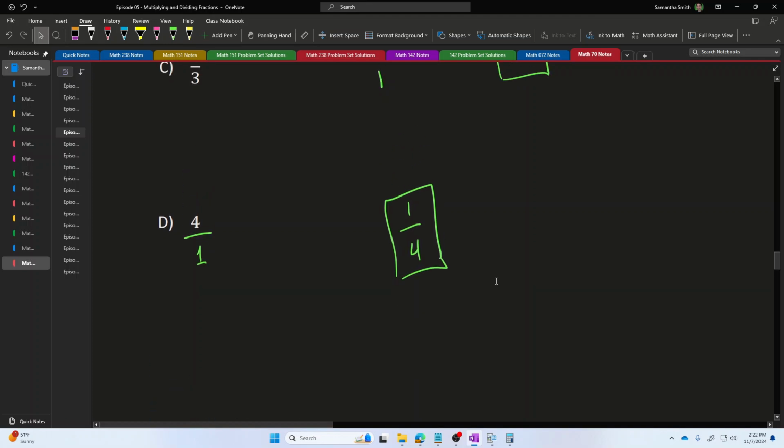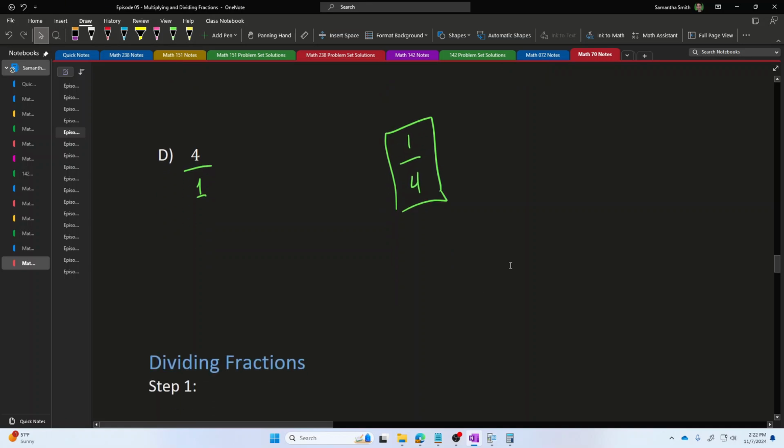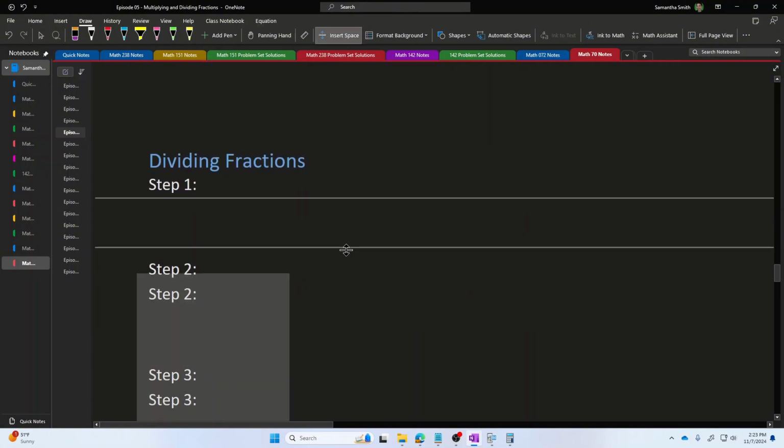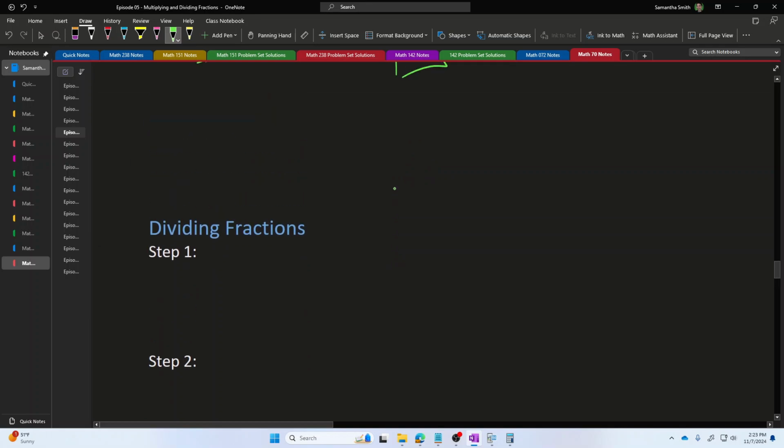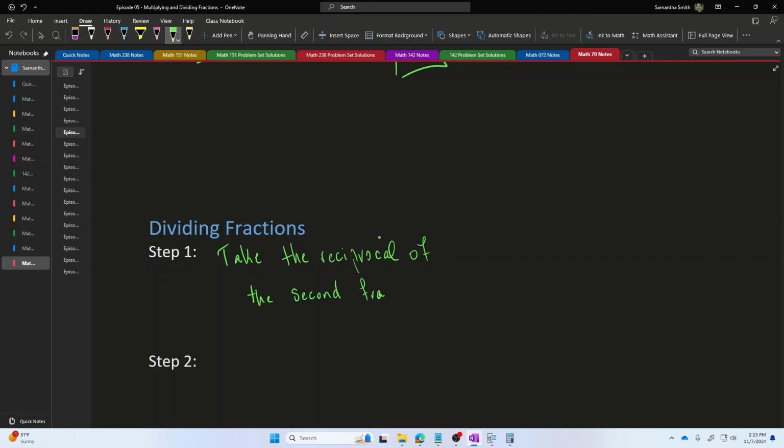So now that we've talked about what a reciprocal is, I can talk to you about how we divide fractions. If I want to divide fractions, I can do that in 3 steps. Step number 1, if you're dividing one fraction by another, your goal is to take the reciprocal of the second fraction, the one you're dividing by.